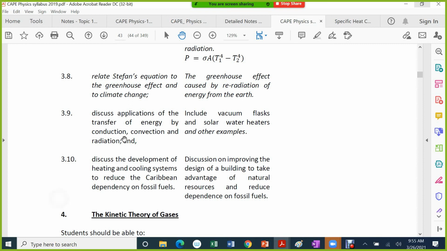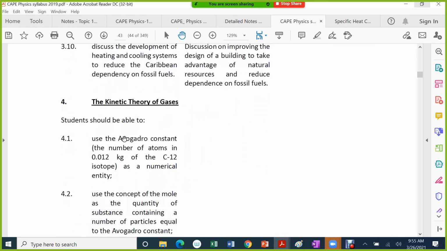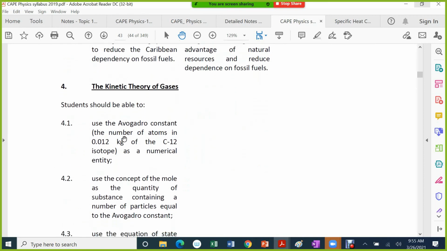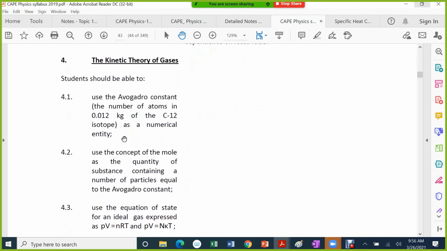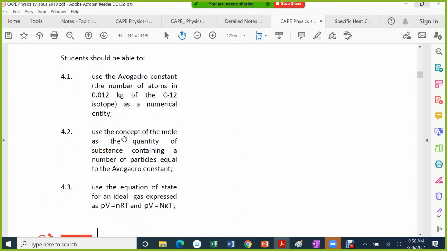Then obviously we're going to look at climate change in this whole aspect and how conduction, convection, and radiation work in different devices, right? Then from there we're going to go into the kinetic theory of gases, right?